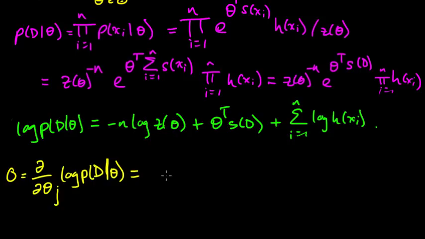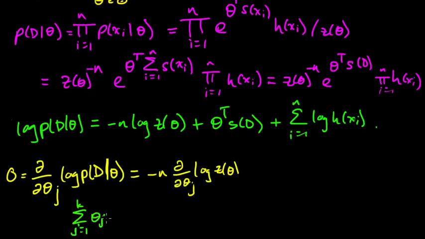And what do we get here? We get minus n. Let's save this calculation for Z of theta, and we'll come back to that in a sec. And then this inner product is just the sum over j from 1 to k of theta_j times s_j of D. What's s_j of D?